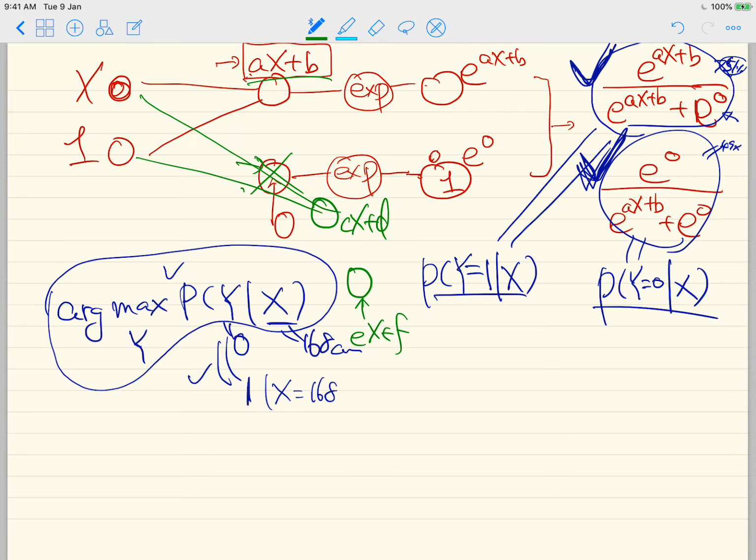At this point we are just talking about the models and how we model these posterior probabilities.